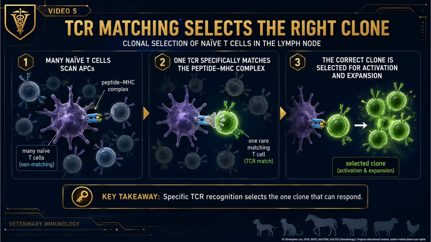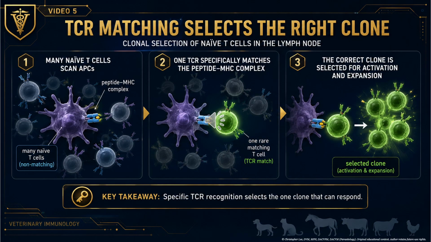Instead, the antigen selects a T cell that already exists in the naive repertoire. That selected T cell is the clone that can respond to this antigen. But recognition alone is not the whole story. TCR recognition identifies the correct clone, but the immune system still needs to decide whether a full response is appropriate.